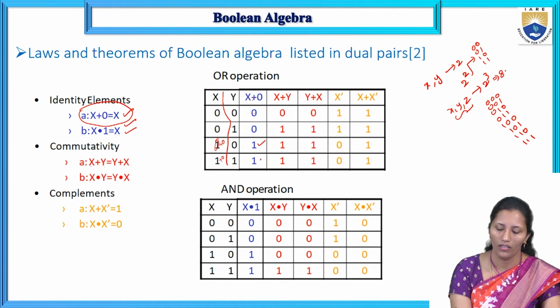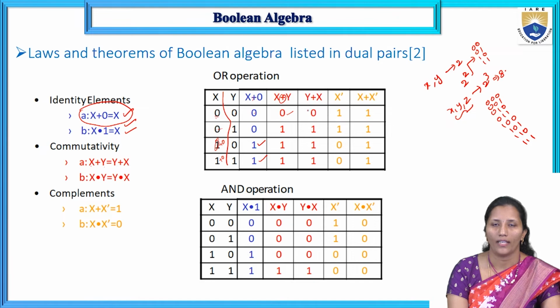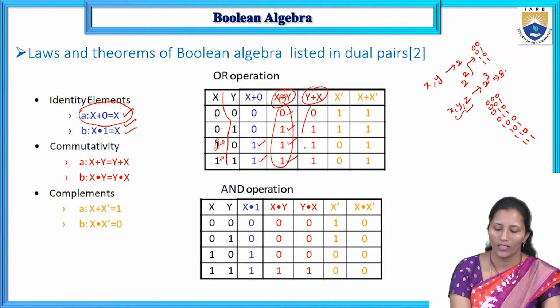Here 1 plus 0, 1. So x plus y, so add these two here, 0 plus 0, 0. This is just OR gate operation, binary OR gate. So 0 plus 0, 0, 0 plus 1, 1, 1 plus 0, 1, 1 plus 1, 1. So y plus x, so both we are getting same. So x plus y is equal to y plus x, both these values we are getting same.